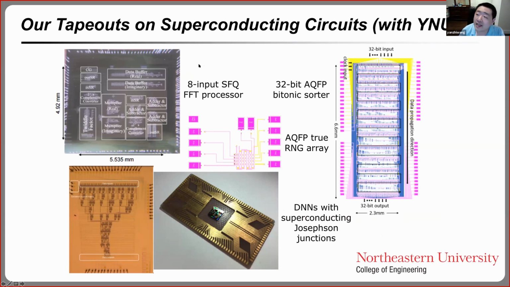And actually the technology can even afford a fast Fourier transform processor with 8 inputs. Theoretically, the good thing about superconducting is that it almost achieves zero energy consumption. But in fact, because of the cooling power, this kind of claim is difficult to hold in actual systems.